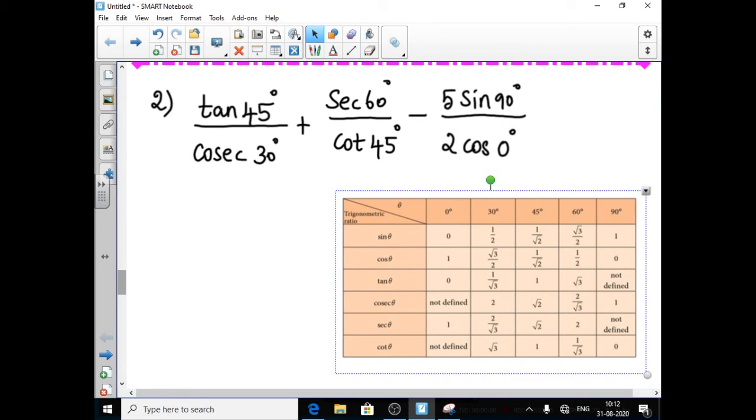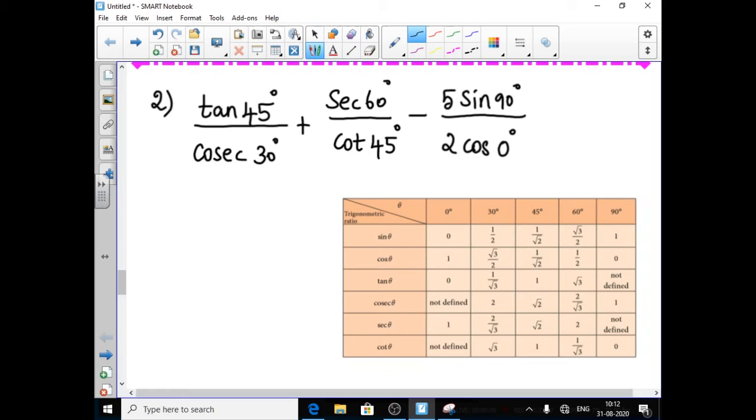See, first one, tan 45 degree and cosecant 30 degree. Tan 45 degree is equal to 1. Cosecant 30 degree is equal to, where is cosecant theta? Here, the fourth line.